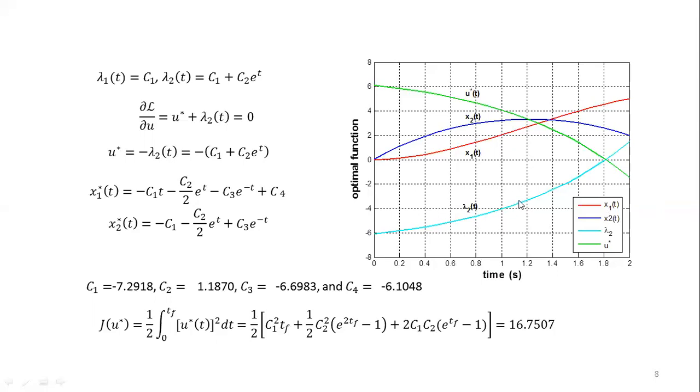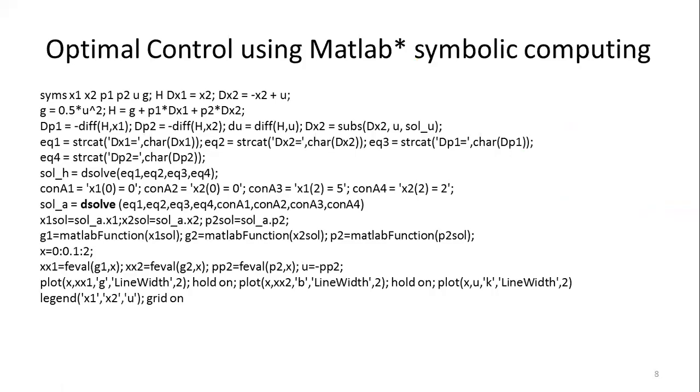This over here is the adjoint function lambda 2. Lambda 1 is not shown because it is a constant. It has a value minus 7.2918. So the best value which is found of J of u star using the solution is 16.7507. Now you could use Matlab with the symbolic computing option, and this is the program which you can run.